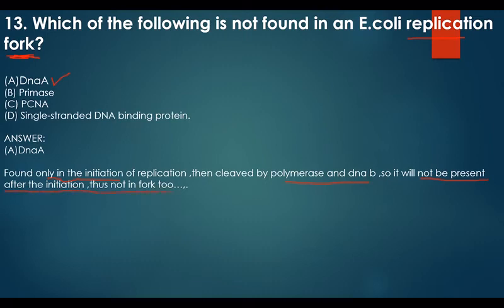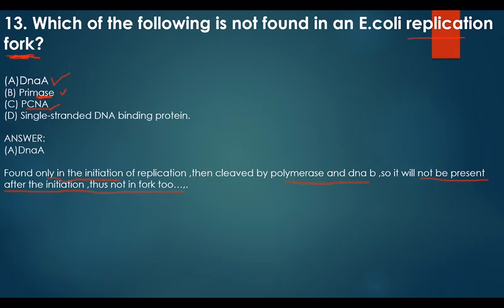Next is primase. Primase is needed for adding the primer so that the lagging and leading strands will be there. In the leading strand one primer is needed, and in the lagging strand more primers are needed. So primase is necessary in the replication fork. PCNA is proliferating cell nuclear antigen, present in eukaryotic replication too, so PCNA is also present.